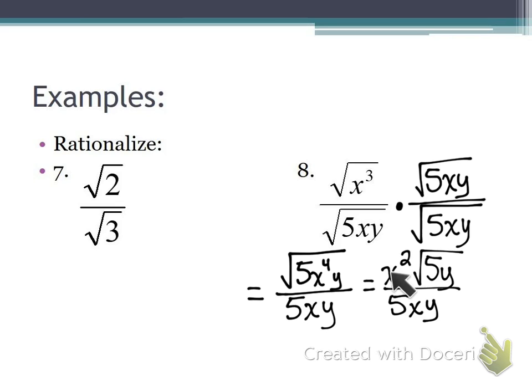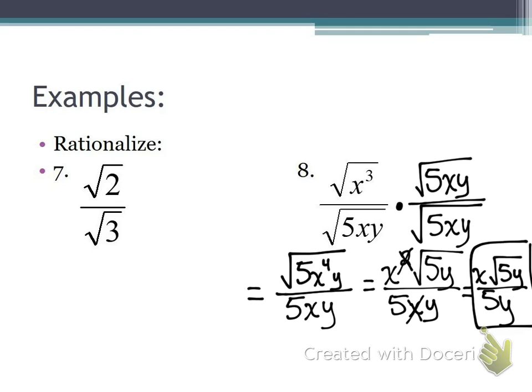The x's. They're both outside of a radical. So x squared over x simplifies to just be x. So it goes away from the denominator and drops a degree in the numerator. So we end up with x square root 5y all divided by 5y. And that is our final answer.